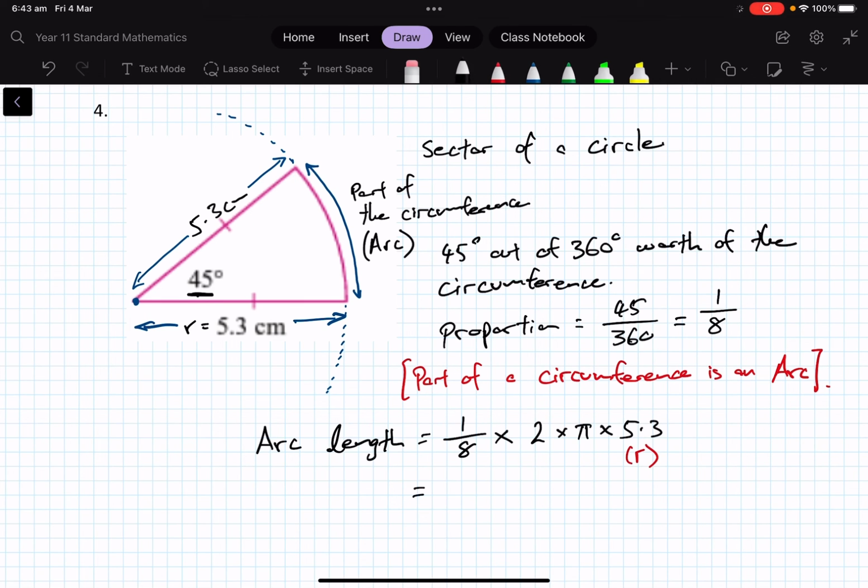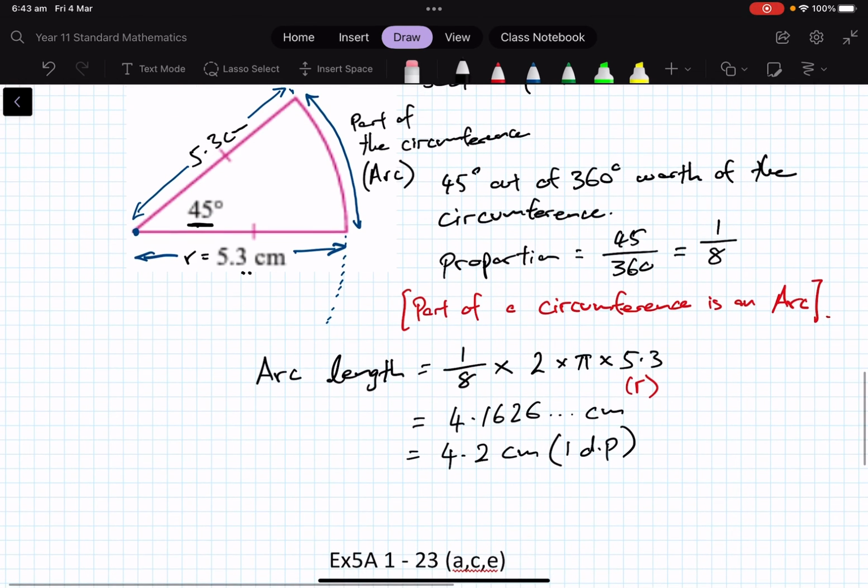If I work that out, 1/8 times 2 times pi times 5.3 gives me 4.1626... and that's in centimeters. Because the other measurements are to 1 decimal place, I'm just going to go to 1 decimal place as well. 4.2 centimeters.